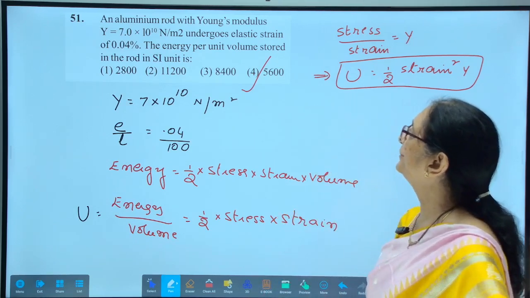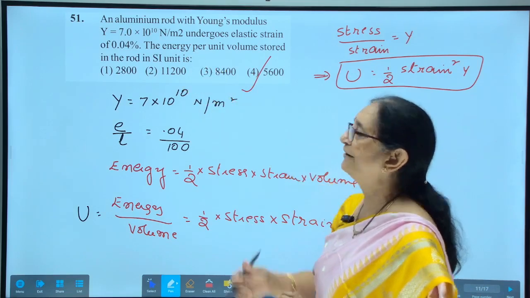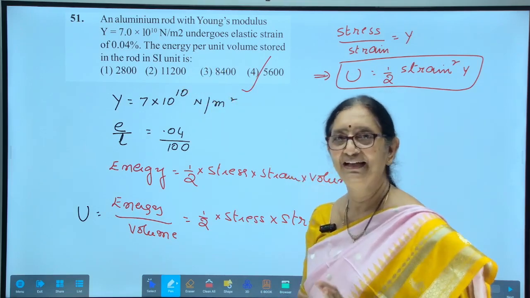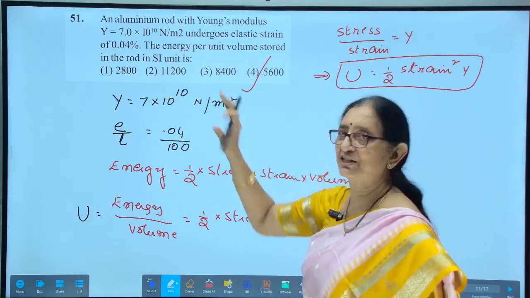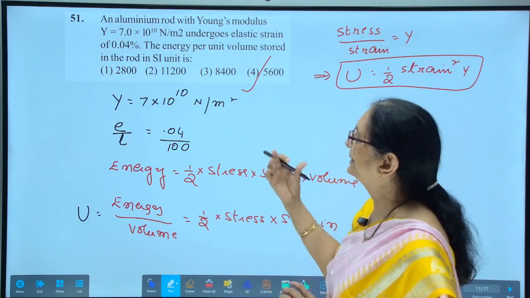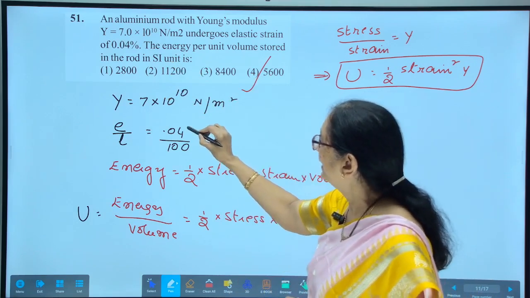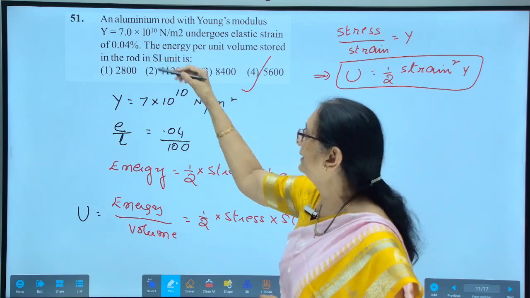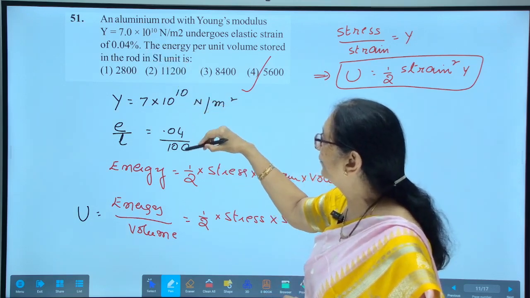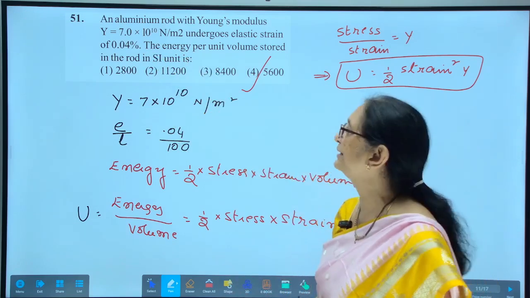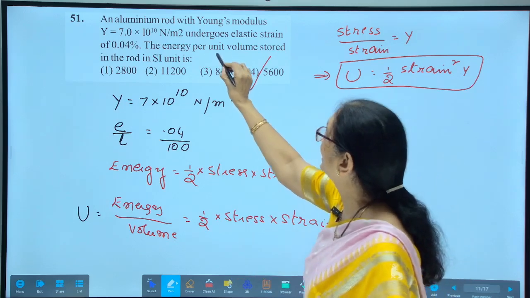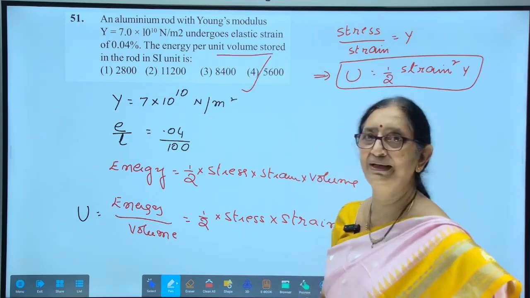An aluminium rod with Young's modulus 7 into 10 to the power of 10 Newton per meter square undergoes elastic strain. Delta L by L is 0.04%. Delta L is 0.04 if the original length is 100. That is the meaning of strain is 0.04%. Find the energy per unit volume stored in the rod.